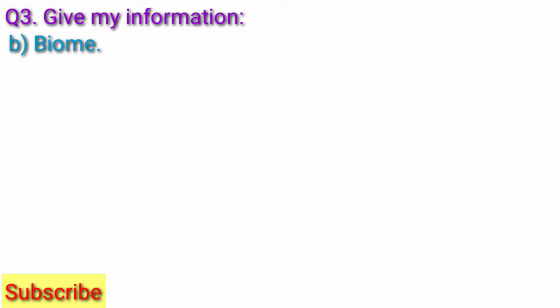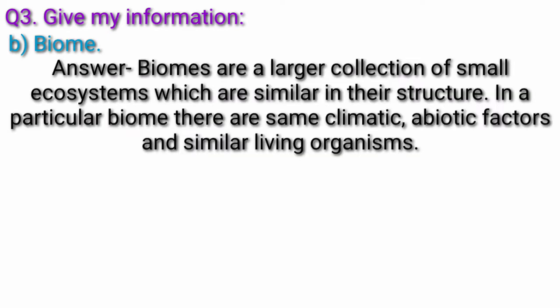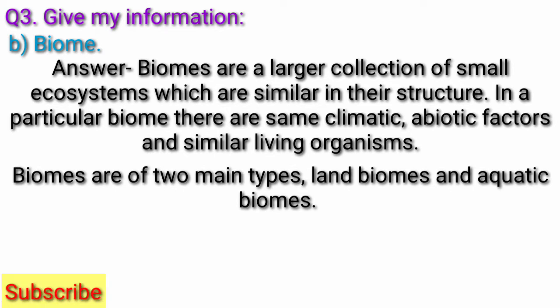Question B. Biome. Answer. Biomes are a larger collection of small ecosystems which are similar in their structure. In a particular biome, there are same climatic, abiotic factors and similar living organisms. Biomes are of two main types: land biomes and aquatic biomes.